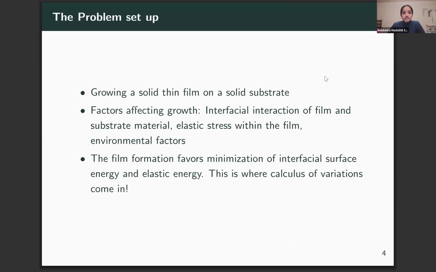The basic model is that we are trying to grow a thin film, like a layer of small thickness, on a solid substrate.